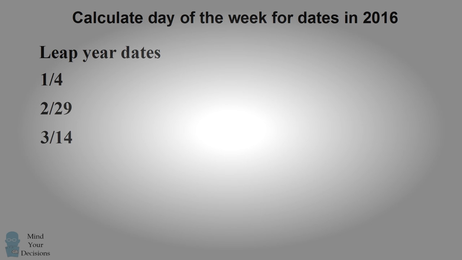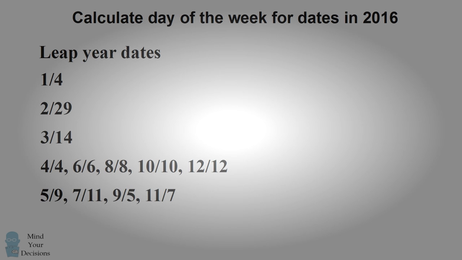In any leap year, the following dates always fall on the same day of the week. While this list may look intimidating, it's only 12 dates to remember, and there are patterns within the dates which will make them easy to remember. For example, look at the dates 4/4, 6/6, 8/8, 10/10, and 12/12.